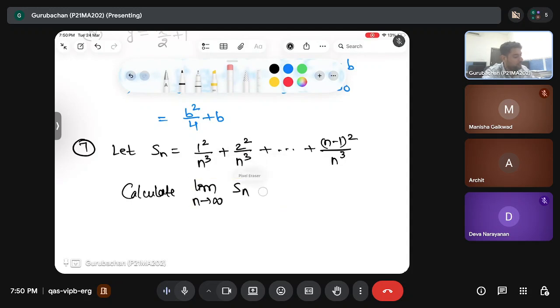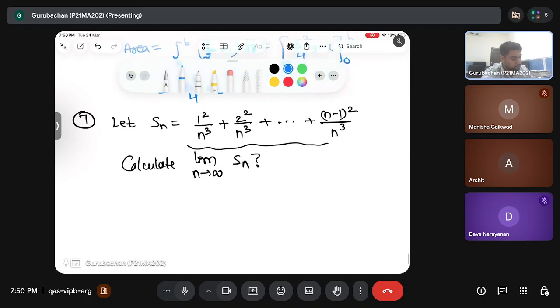So we need to take the help of integration, definite integration. Till now what we were doing is calculating definite integration with the help of this kind of summation. Now I am telling you to do the reverse. So how can we calculate this one?